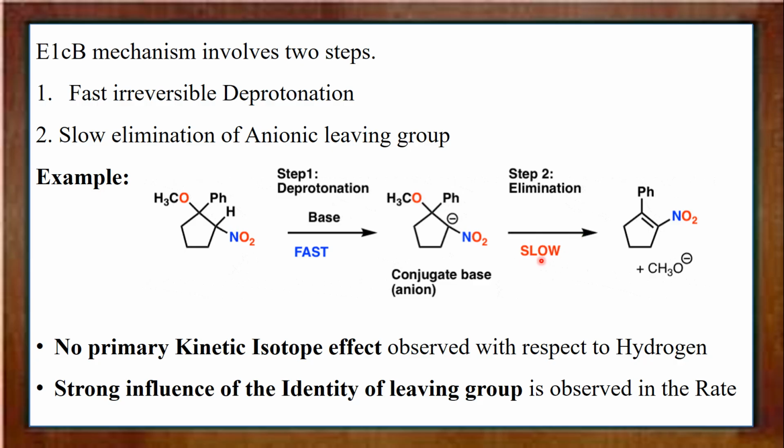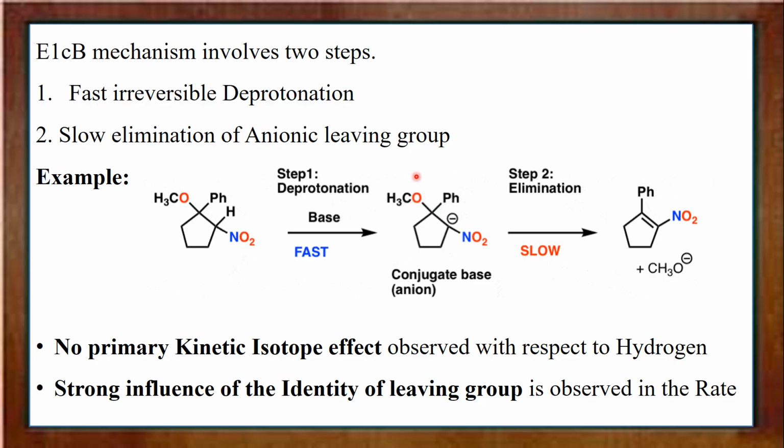Hence, this is the rate determining step, which involves only the substrate, the carbanion. So the overall rate of the reaction depends upon the concentration of the carbanion alone. There is only one concentration term, of the carbanion, in the rate equation.